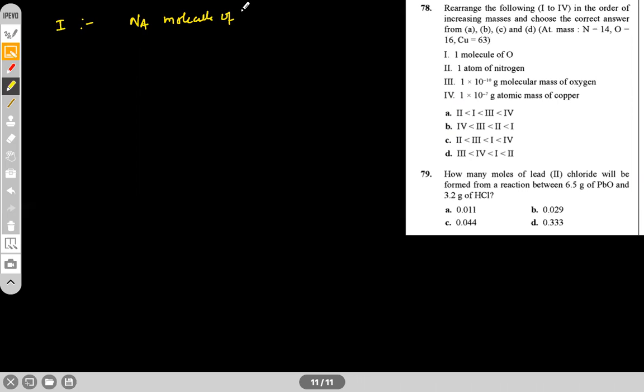The molecular mass is the mass of any molecule, right? So the mass of oxygen is 32 gram. So one molecule of oxygen, the mass is 32 by Na.